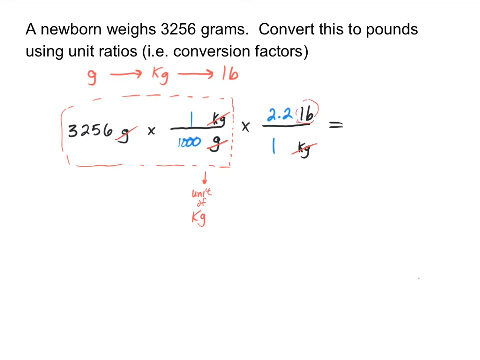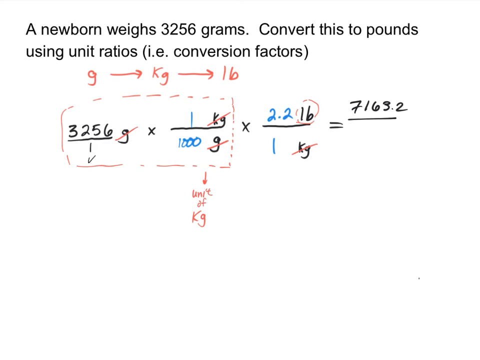So if we put this all on the calculator, and this is a nice review because we're essentially multiplying fractions here. This quantity, 3,256, is very similar to just writing it over 1. So what I can do is multiply the numerators, 3,256 times 1 times 2.2. And what I get there is 7,163.2.